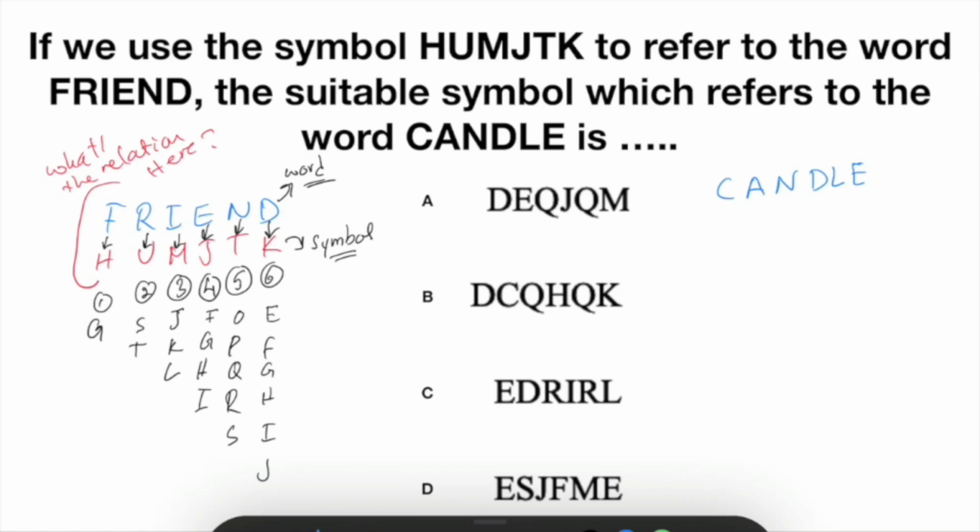C in candle will be similar to F in friend. For F in friend, we jumped 1 letter to reach H. So C will jump 1 letter to reach E.